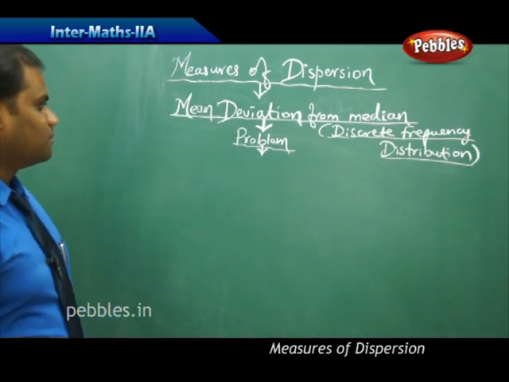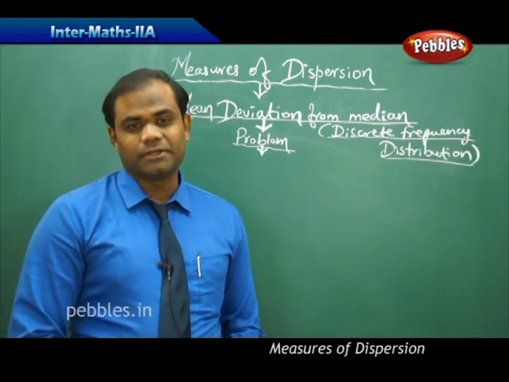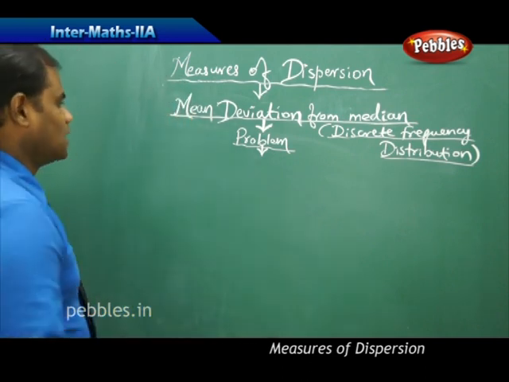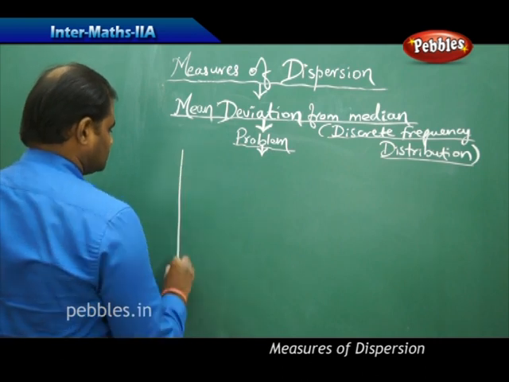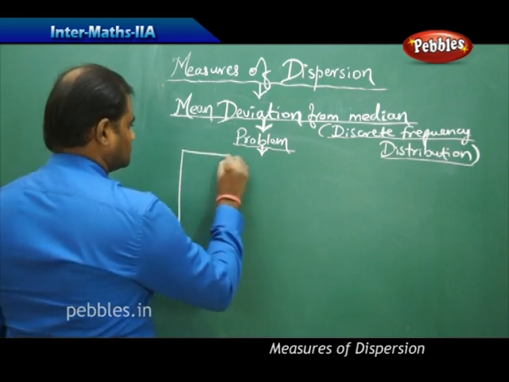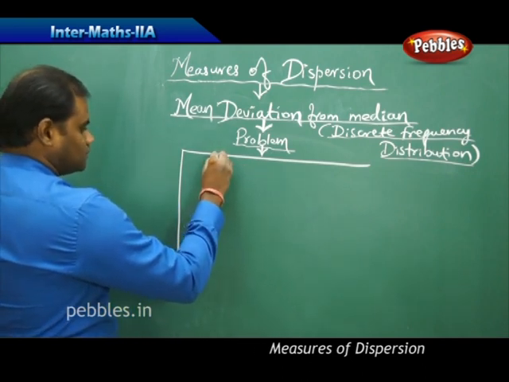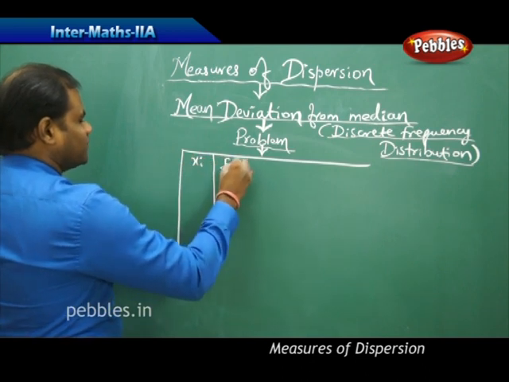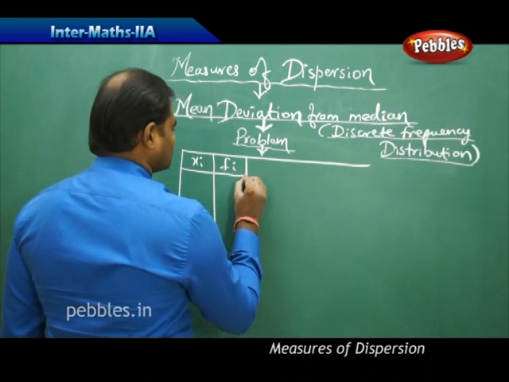Now let's see how the mean deviation can be calculated from the median. To take this example problem, I have a discrete frequency distribution table with xi's and the frequencies fi's.